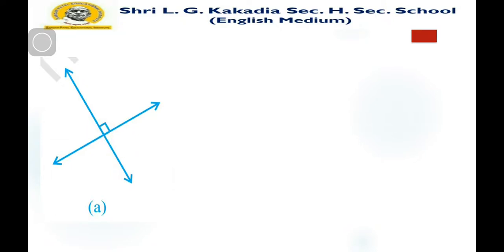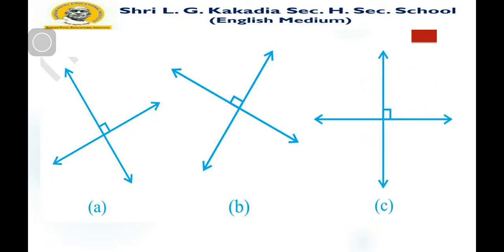He also takes two lines as here, and then he puts the lines in such a way: one horizontal line and one vertical line, and here in the middle of both lines is the intersecting point of both lines.